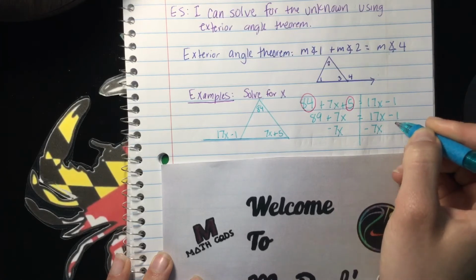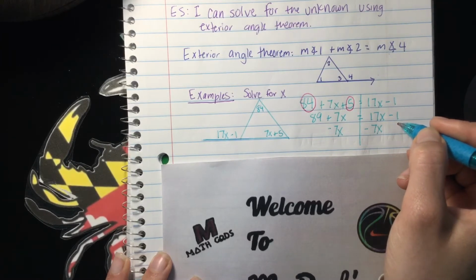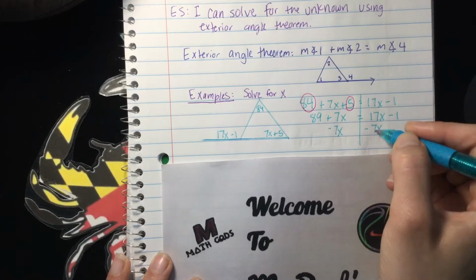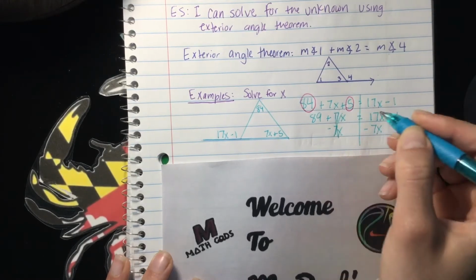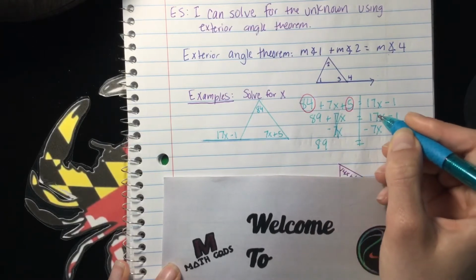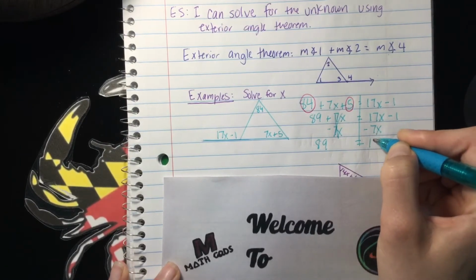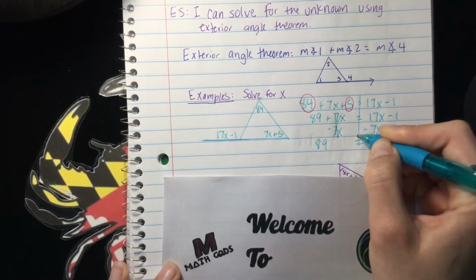I don't want to put the negative 7x over here because I can't add or subtract them since they don't have anything in common. So make sure I'm lining those up. So that cancels out. I've got 89 equal to 17x minus 7x, which is 10x minus 1.